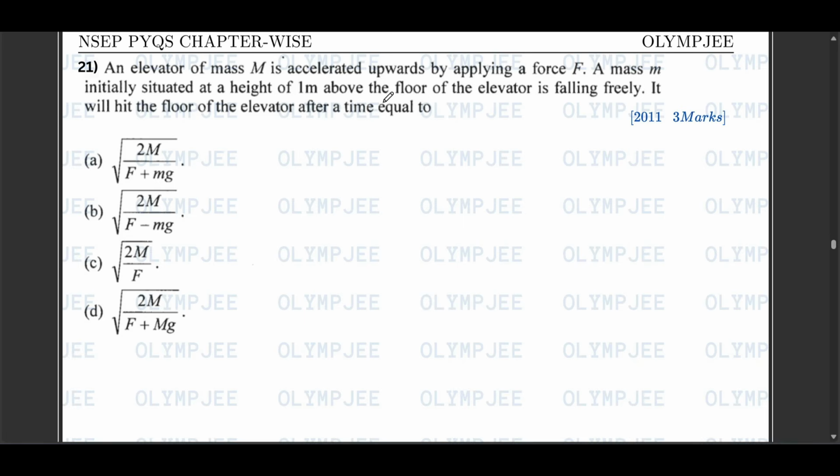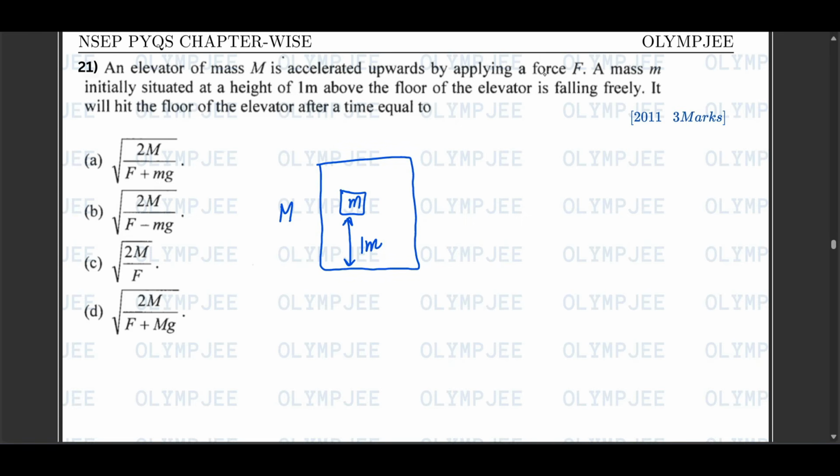Okay, so the situation is something like this. This is an elevator of mass capital M and mass small m situated 1 meter above the floor of the elevator, and the lift is accelerated upwards by applying a force of F.